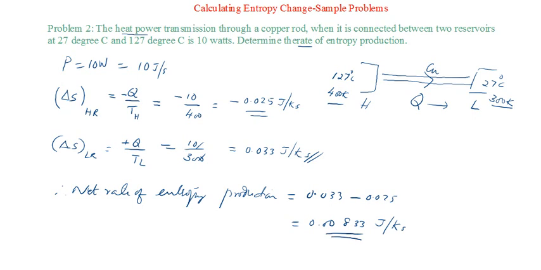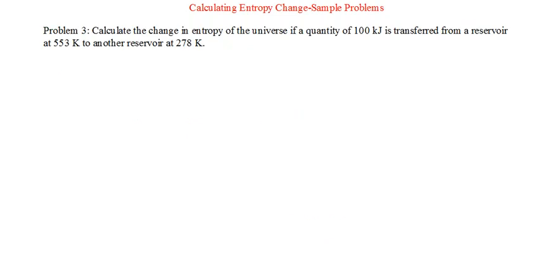So this is a type of problem involving heat reservoirs and the transfer of a certain amount of heat between them. You can approach the problem like this. Now going to the next problem: calculate the change in entropy of the universe.